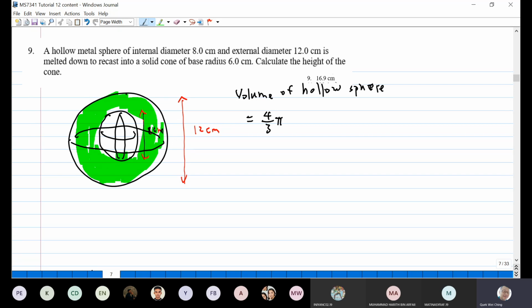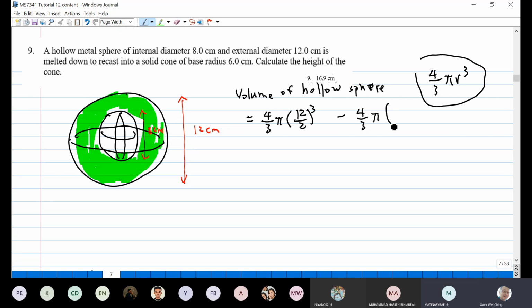The outside diameter is 12, so the radius is 12/2, cubed. This is the outside bigger sphere. You minus the inside because it's hollow, which is 8/2. The diameter is 8, so you divide by 2 and take the radius to the power 3.